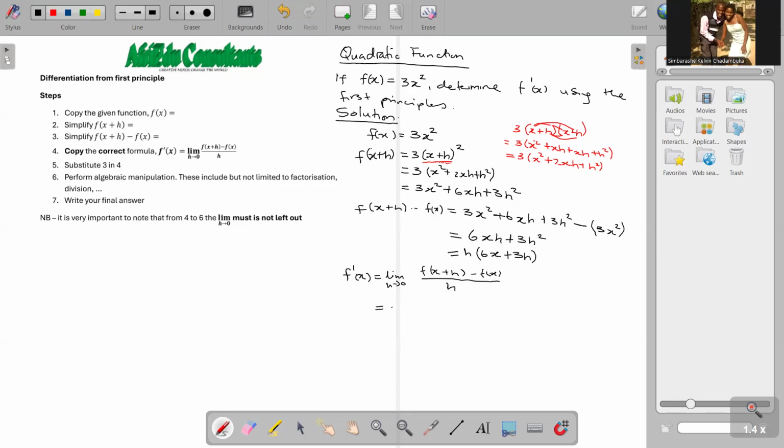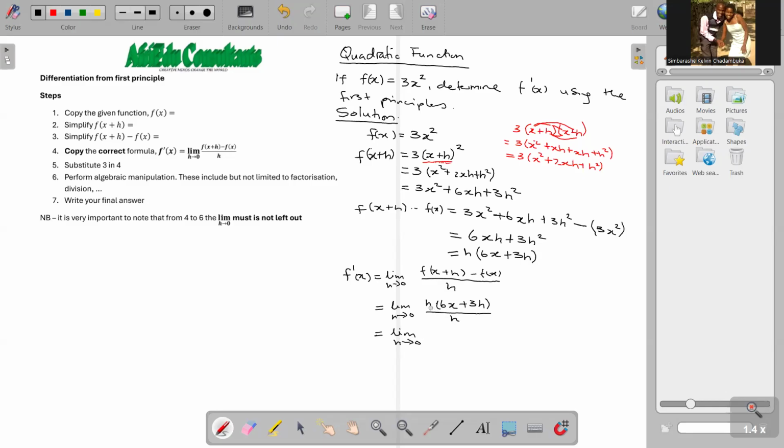So this becomes the limit as h approaches 0, but the numerator, we now take that it's h open bracket 6x plus 3h, all over h, which is going to give us the limit as h approaches 0.